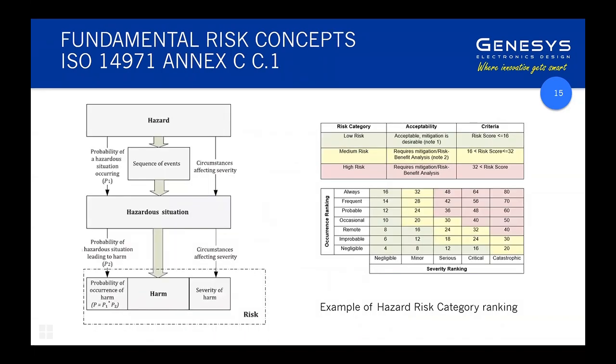This gives a little bit more detail on how one might go about the process of analysing hazards and then determining whether they present unacceptable risk. And it's quite important to get your head around the concept of these two probabilities, P1 and P2, and this is an extract from 14971. So P1 is the risk of a hazardous situation occurring. So what can cause something to go wrong?